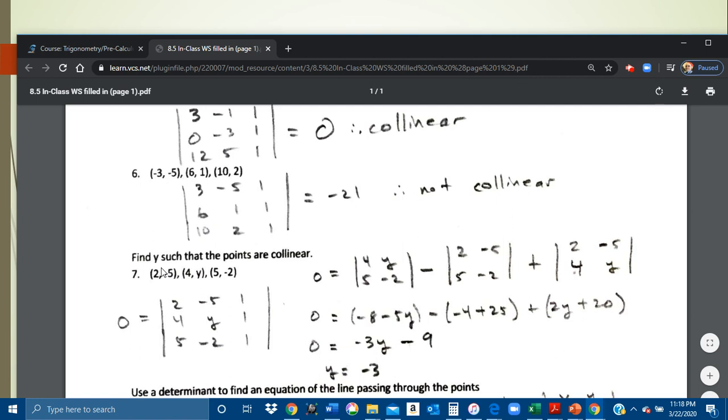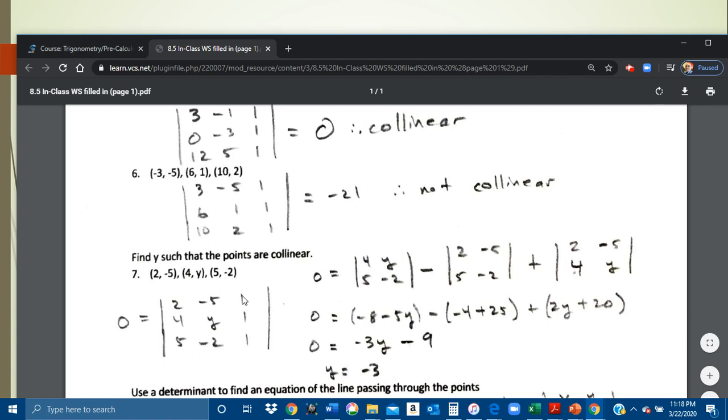Number 7, find the points such that these points are collinear. So I want to find that missing y. So I've got 2, 5, 2, -5, 1, 4y, 1, 5, -2, 1. It's collinear, so they're going to have a determinant of 0.